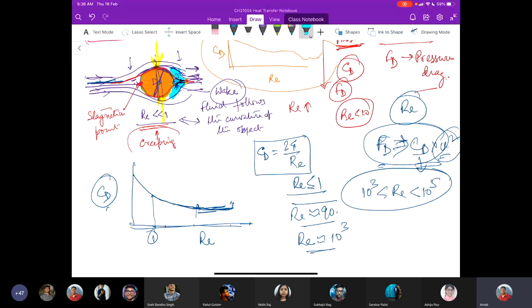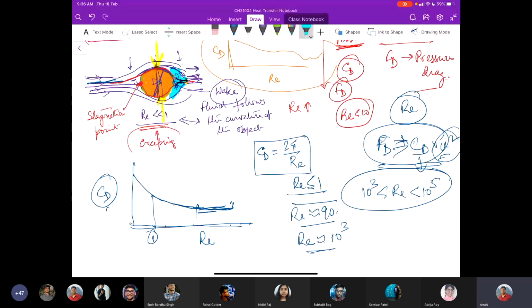And in this region, when it crosses the cylinder, the flow is highly turbulent with vortices or eddies.